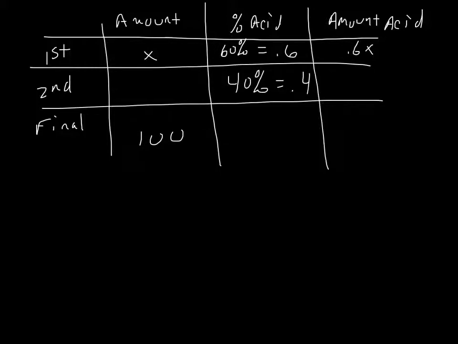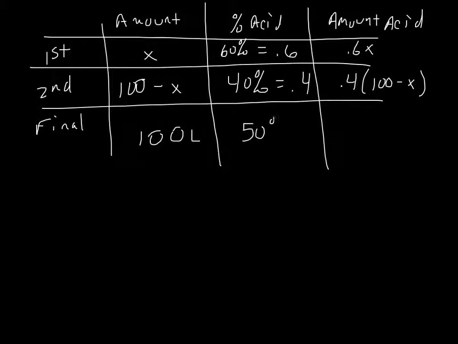Now it says that the total solution is 100 liters. So we have 100 liters over here. And if the total solution is 100 liters, and we know the first is x, what's the second? It's going to be 100 minus whatever the first is, so 100 minus x, right? And so now we have 100 minus x times the amount of acid in the second one, so 0.4 times 100 minus x. Now, the last thing they tell us, it says 100-liter solution that is 50% chlorine.